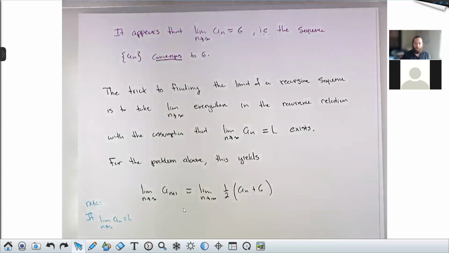If I'm talking about a sequence where a_n is the nth term of the sequence, what is a_(n+1)?